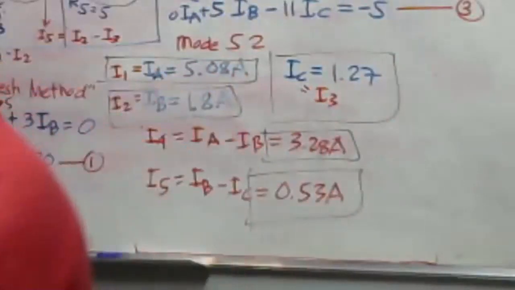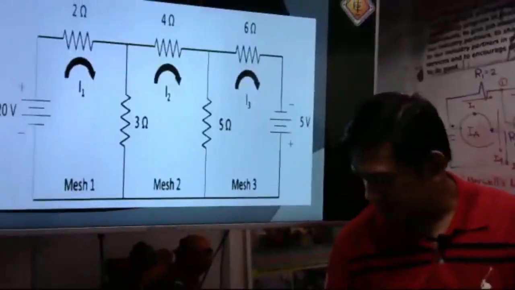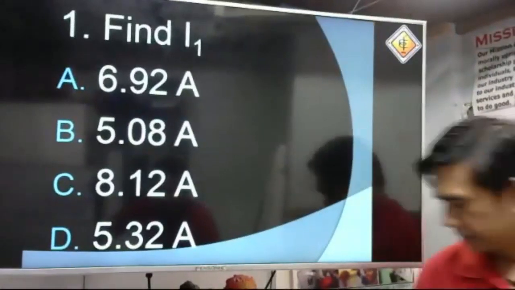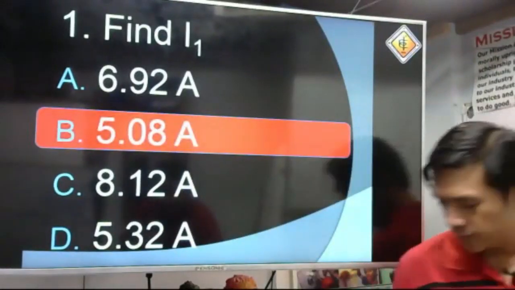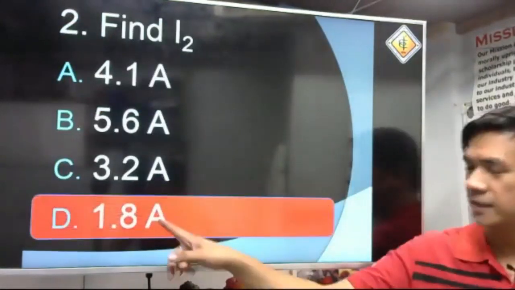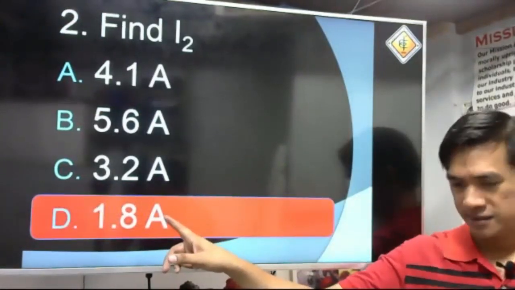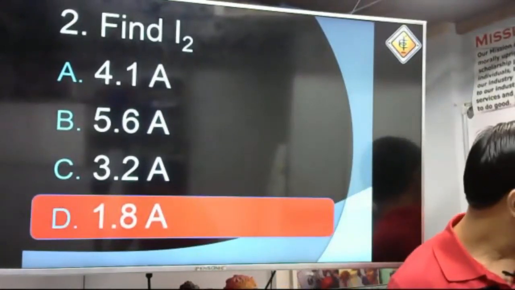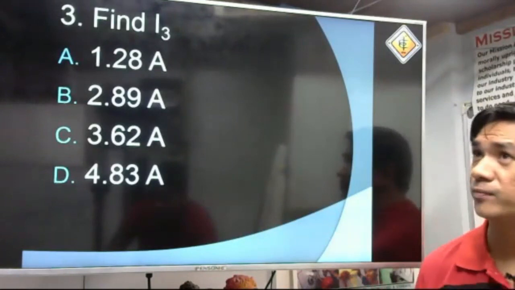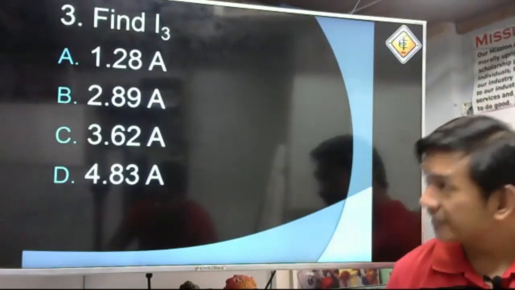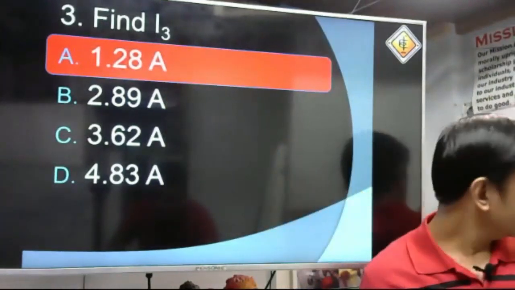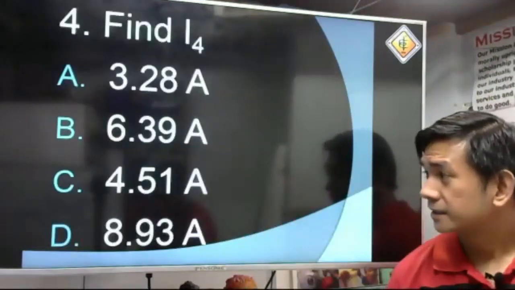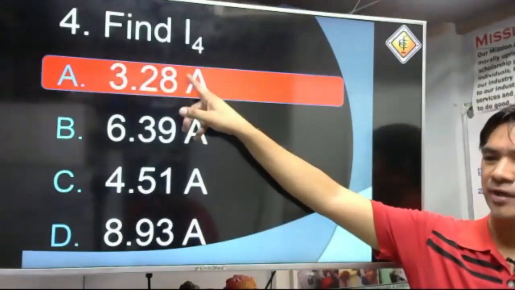Let's go over with our PowerPoint. Our answer for I1 is 5.08. That's correct, letter B. For I sub 2, we have 1.8, that is letter D. Then for number 3, we have our I3, which is equal to 1.27, or nearest to 1.28, letter A. For I4, we have 3.28.